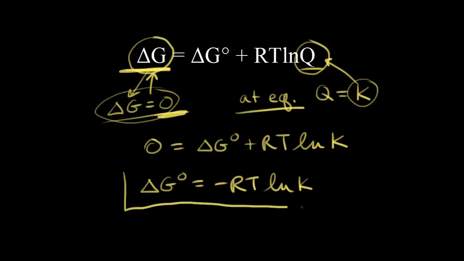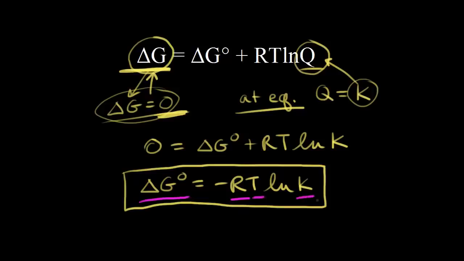So we have another very important equation to think about. Delta G0 is the standard change in free energy, or the change in free energy under standard conditions. R is the gas constant, T is the temperature in Kelvin, and K is our equilibrium constant. So if you're using this equation, you're at equilibrium.